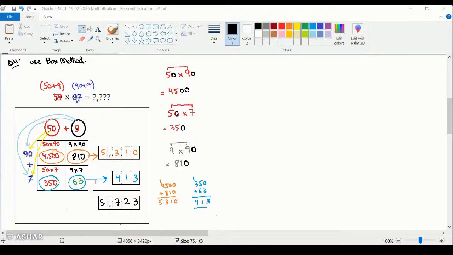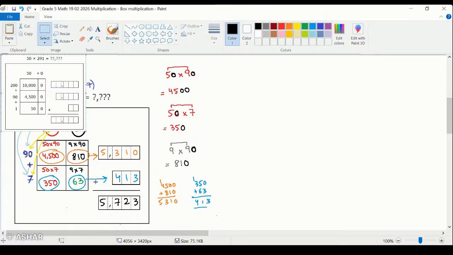For the next question, they are giving us a 3-digit number. Okay, they have changed the question.